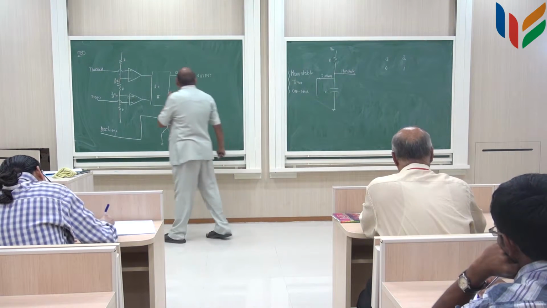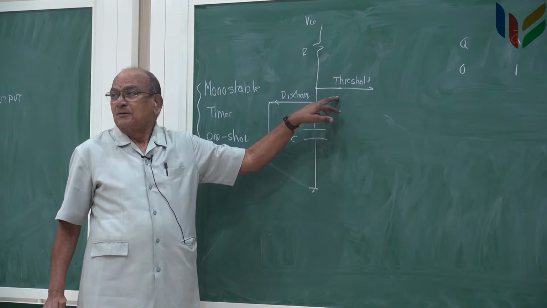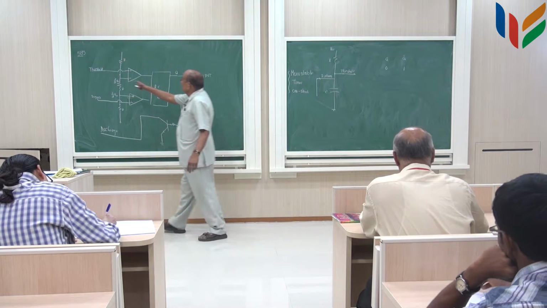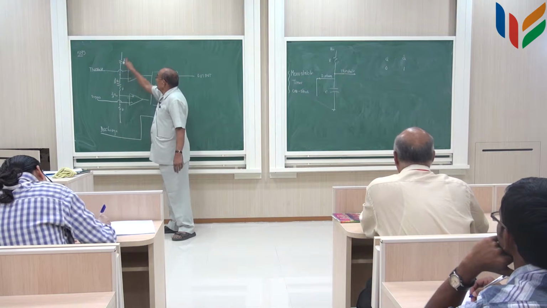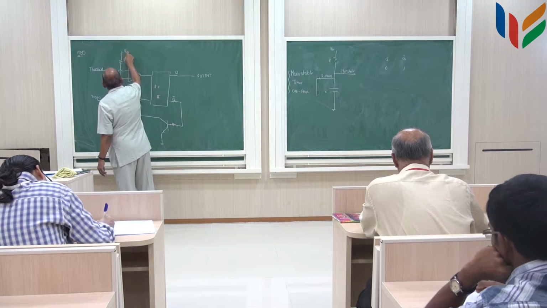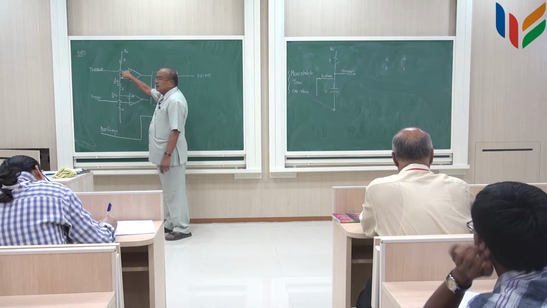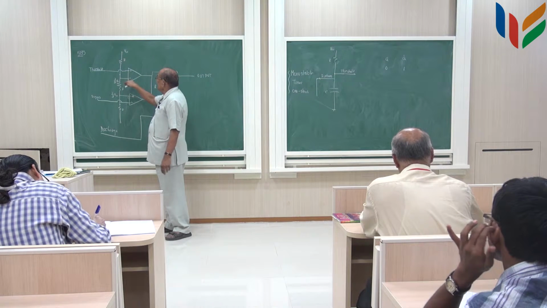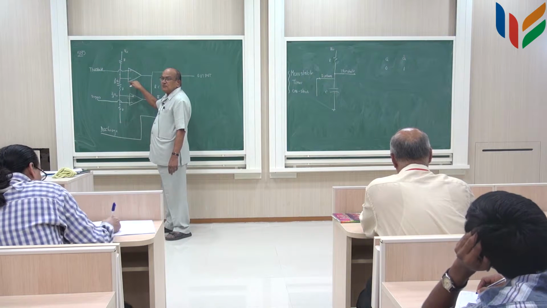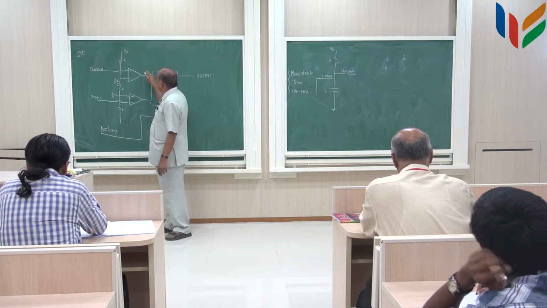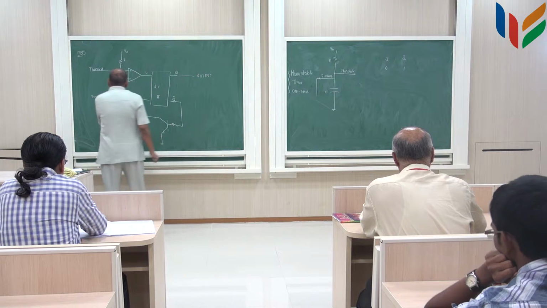Now, the same 0 is sitting at the threshold terminal, right? This threshold terminal is going here at the plus, and this voltage is 2/3 VCC, whatever is the voltage connected here, VCC. So this is sitting at 2/3 VCC and this is sitting at 0. So this comparator will be sitting at low, right? This will be sitting at 0 initially. And look at the second one.